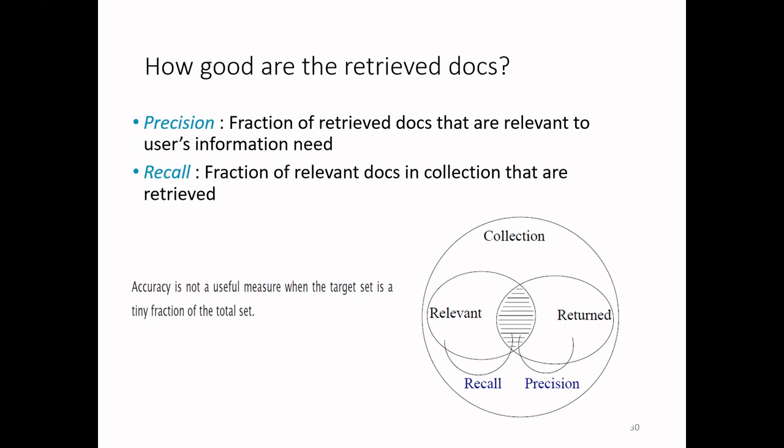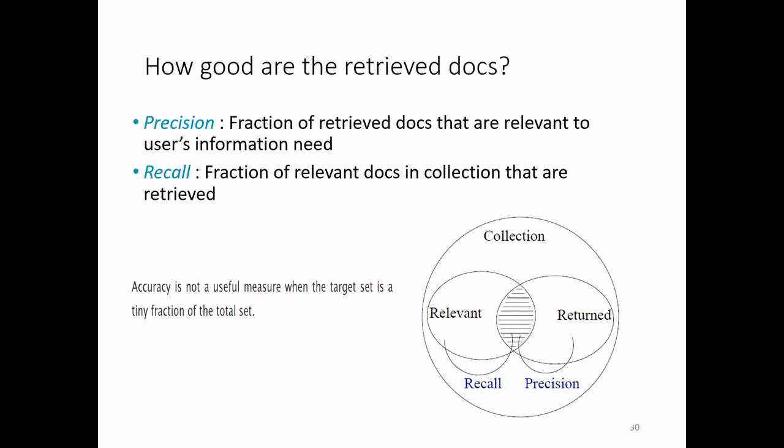One is what we call precision, and precision means the fraction of retrieved documents that are deemed to be relevant. So suppose you retrieve 10 documents, and while going through those 10 documents, you find that 8 of them are really relevant. That means 8 out of 10 are found to be relevant. So your precision will be 80% or 0.8.